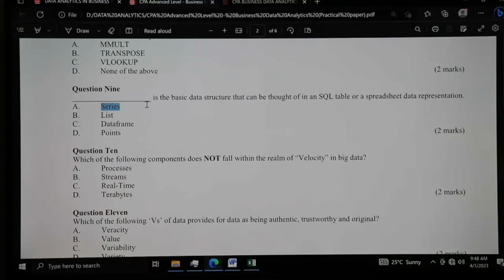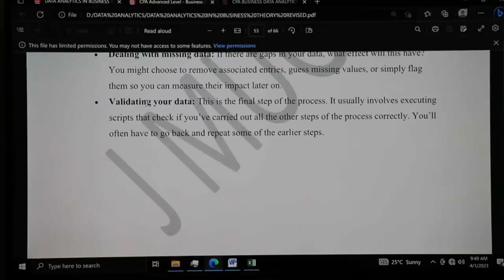Then the other question: which of the following components does not fall within the realm of velocity in big data? So, what is big data? When you talk of big data, we are referring to that compilation of a large amount of data.